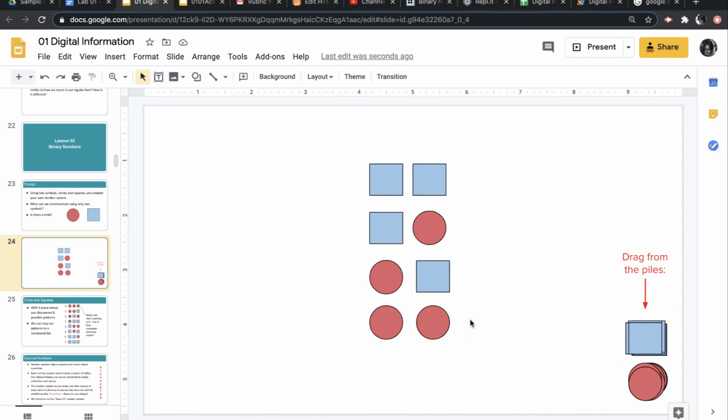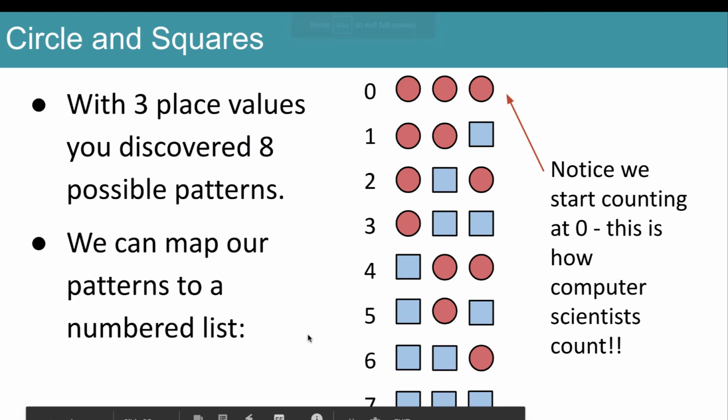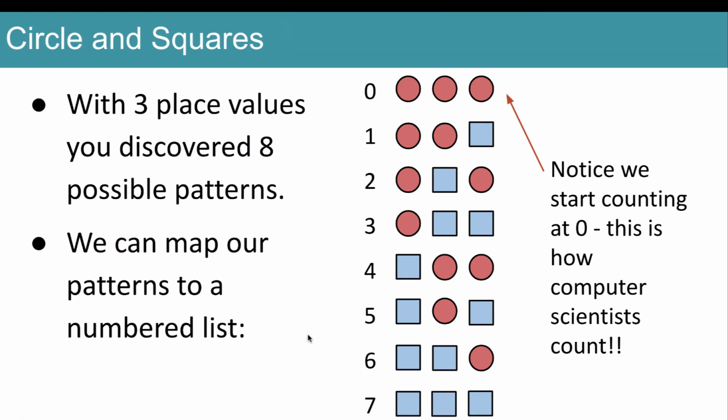With 2 place values. And when you did the activity, you discovered that with 3 place values, you can come up with 8 different patterns. And since we're starting to see a pattern with this, we can actually map a meaning to each of those patterns.